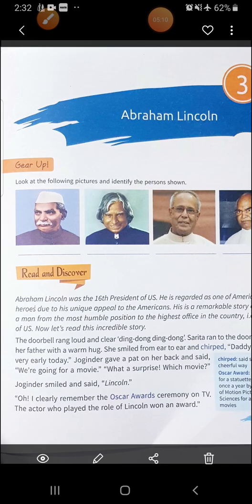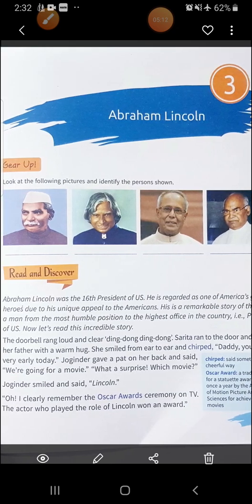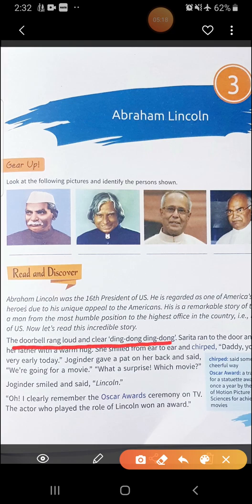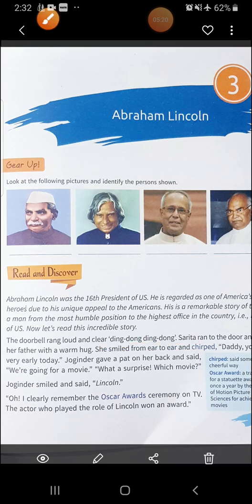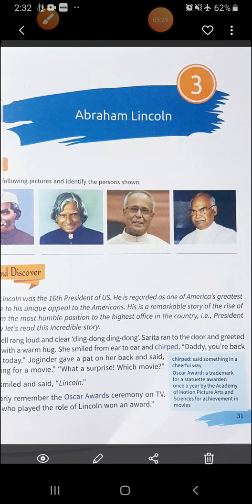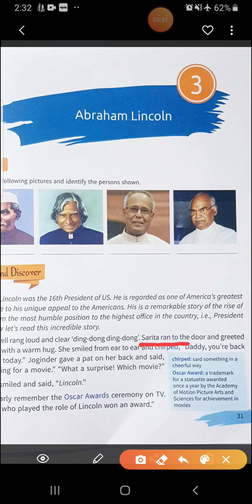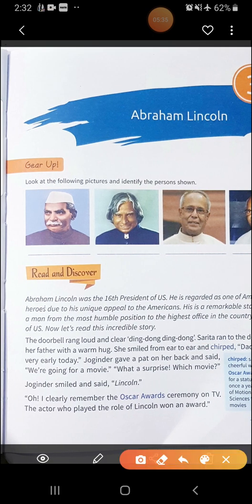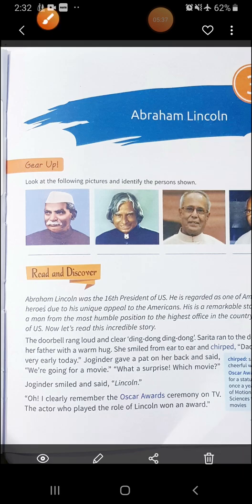Now let's read this incredible story. Now I am reading from this line. Can you all see? The doorbell rang loud and clear, ding dong ding. So the doorbell rang. Then see here, Sarita ran to the door and greeted her father with a warm hug.